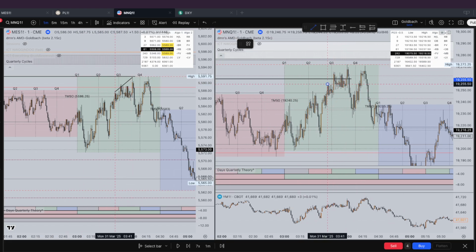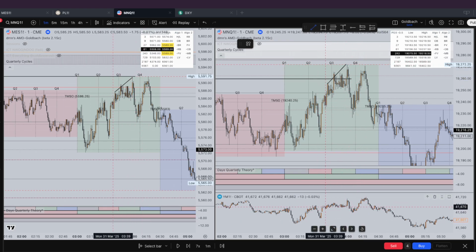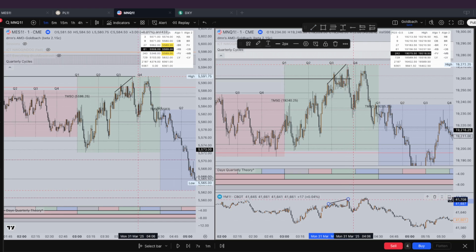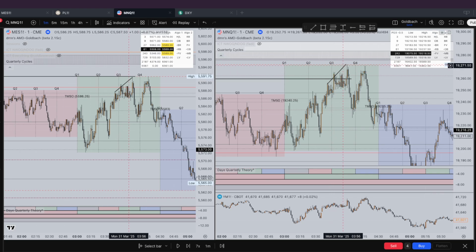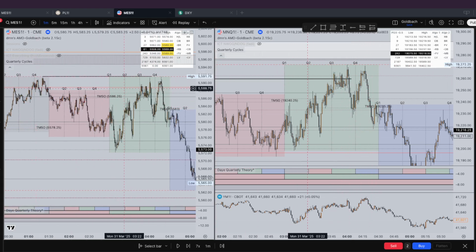Sequential SMT. There is no such in this. Maybe in YM, if you look, the highest high is here. Not really. I don't see any sequential SMT, but that will help. Although this in itself is fine.